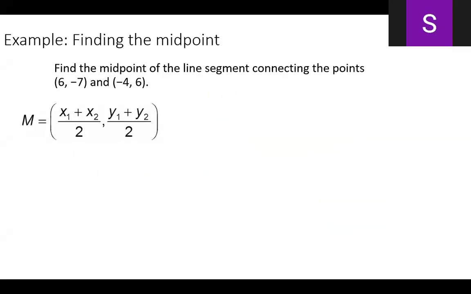So we have here, find the midpoint of the line segment connecting the points 6, -7, and -4, 6. So to find our midpoint, again, we're finding the average between our x's and the average between our y's. So we have 6 plus -4 divided by 2, comma, -7 plus 6 divided by 2.